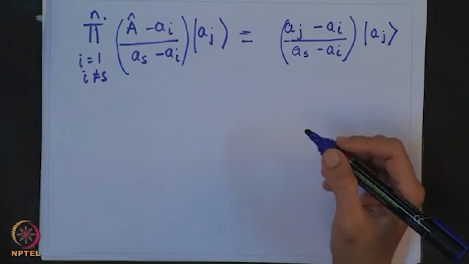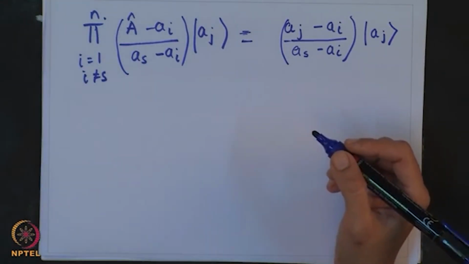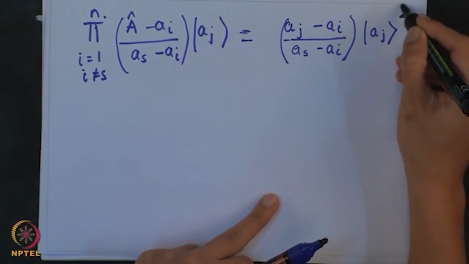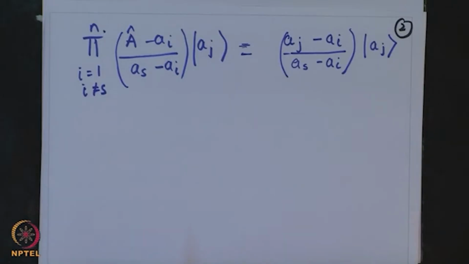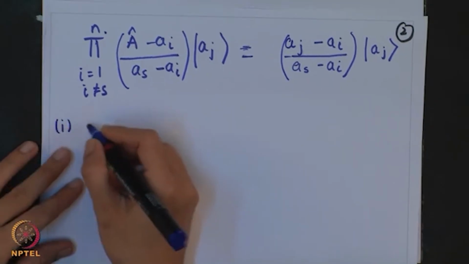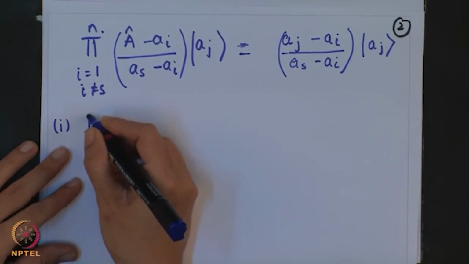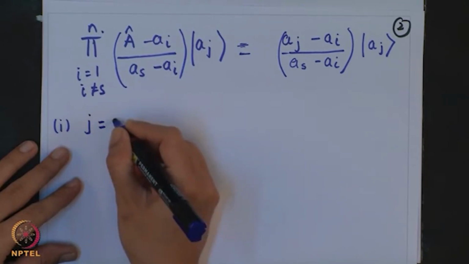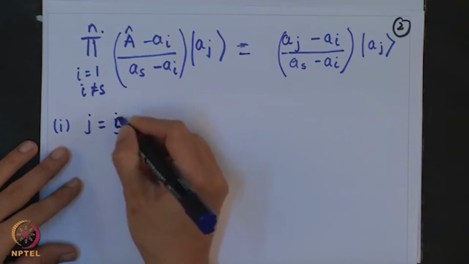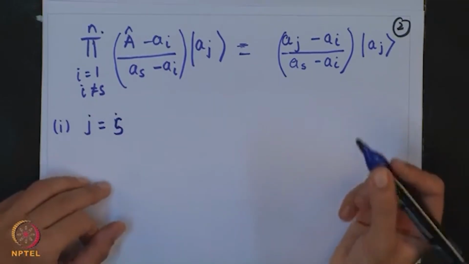Now, can you make any conclusion from this? No. So, you have to see case by case. There will be 2 cases. Case 1, when j is equal to s.